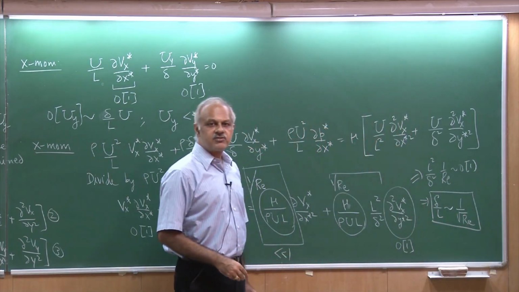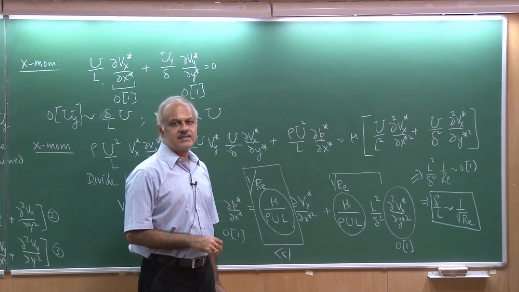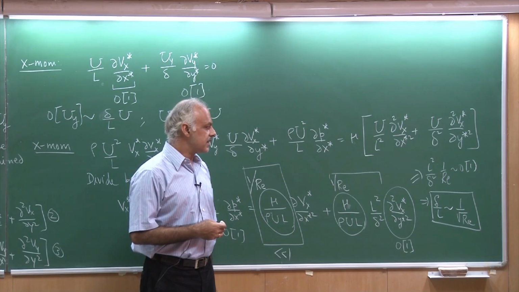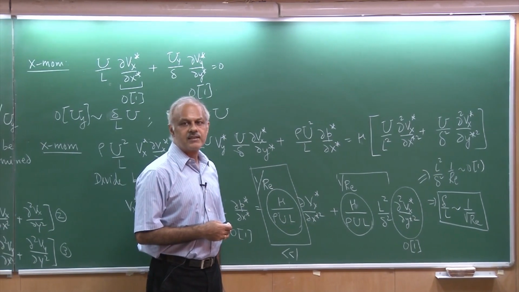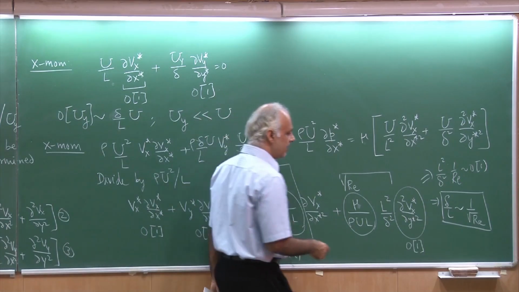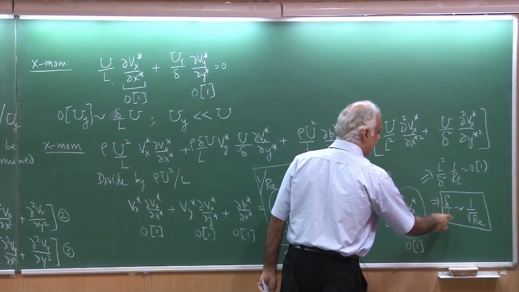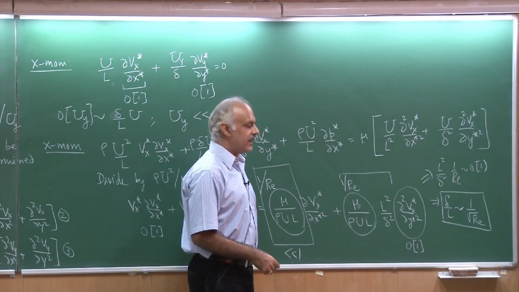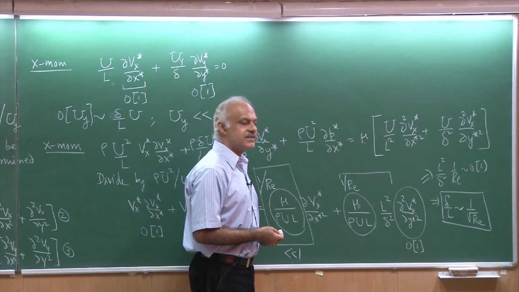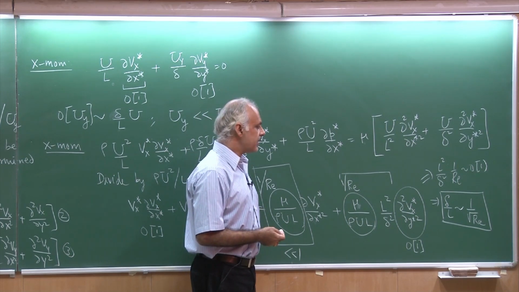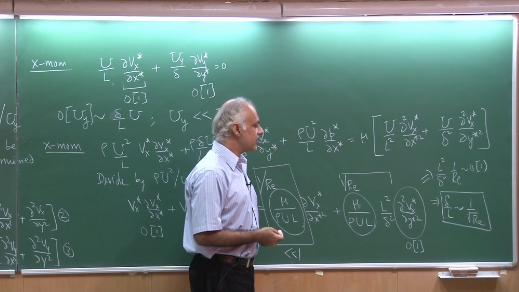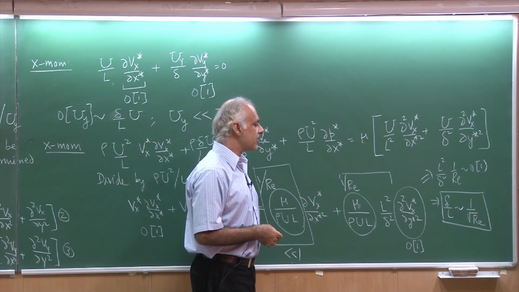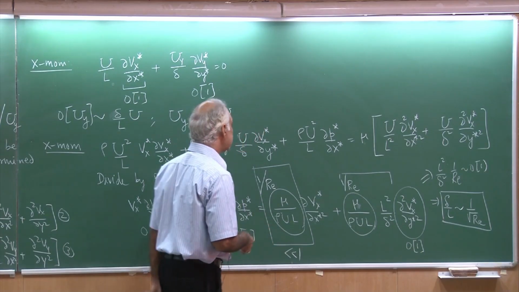So magically, just from non-dimensional analysis, I am able to get the thickness of the boundary layer, and that turns out to be very small. Delta by L is varying as 1 by square root of Re. And we did see this in one of the earlier sessions, that for the wing of an Airbus, this was of the order of a millimeter, when the chord of the wing was of the order of several meters.